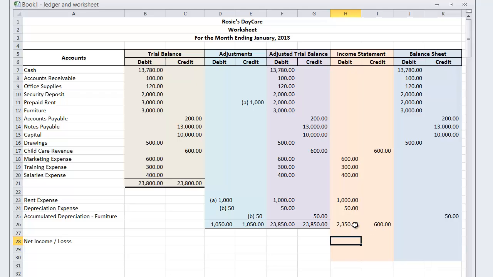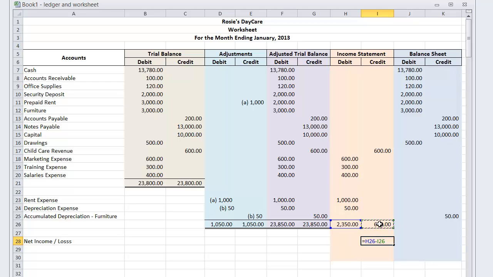So we had $2,300 in expenses, $600 in income. So the difference between the two of them, which is, so in this one here, net income, we actually don't balance out, and we actually have to bring up the difference to make it income, and I'm going to show you why we have to do that.